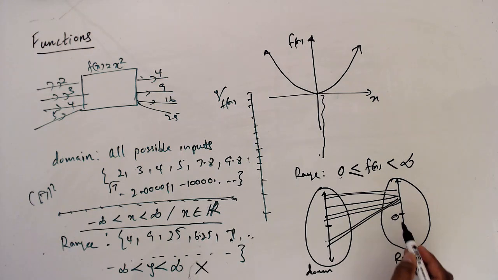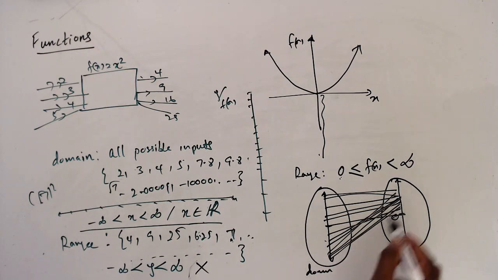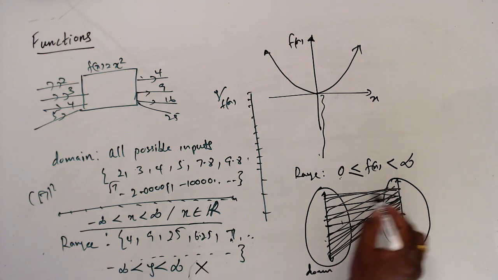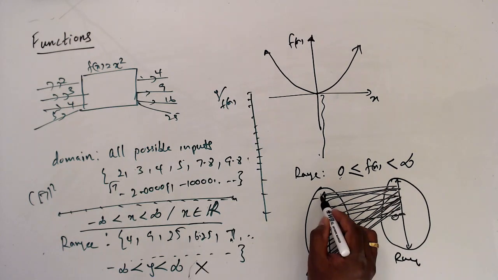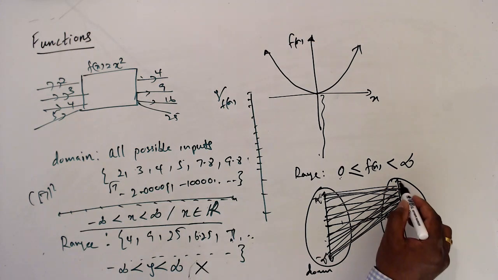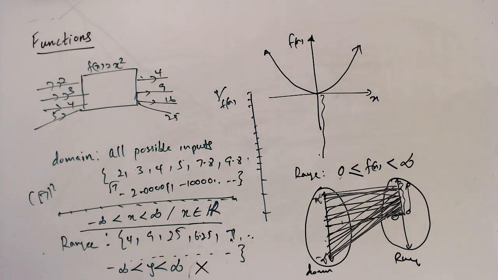So this is 0. We put 0, 0 goes to here. The whole number line from negative infinity to positive infinity, when you put anything from it, you will get numbers from 0 onwards. That's why 0 less than or equal to f(x) less than infinity. So this is the range.